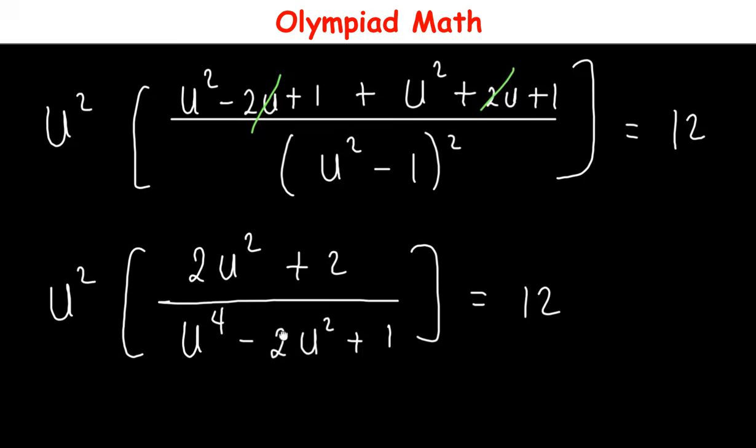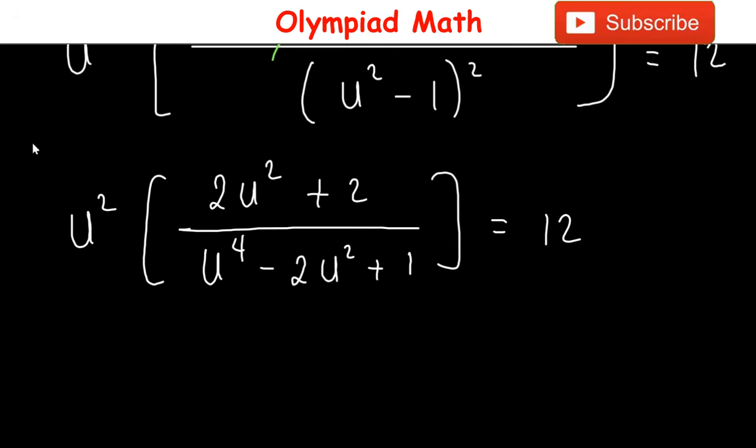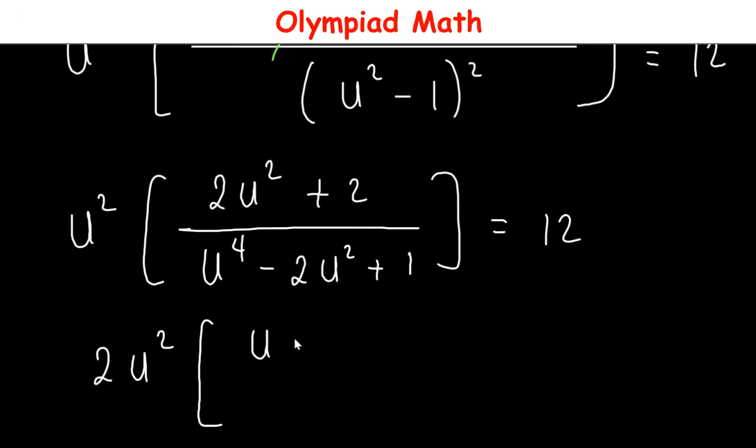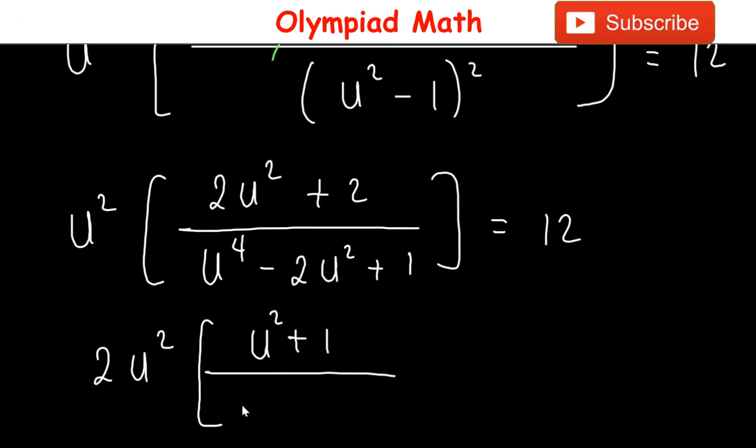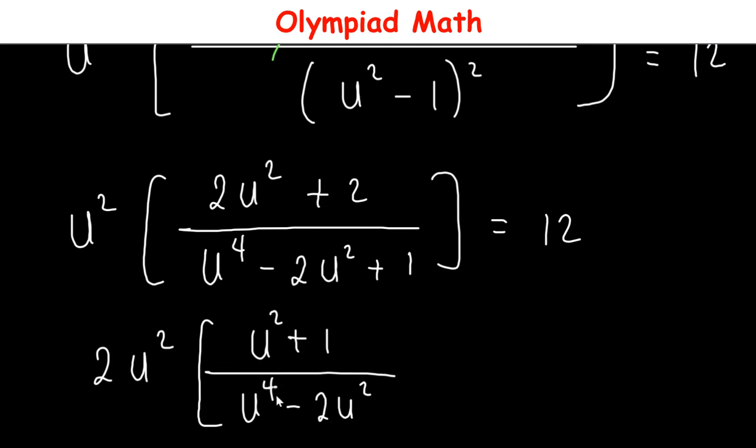From this, factorize out 2: 2u^2 (u^2 + 1) divided by u^4 - 2u^2 + 1 is equal to 12.